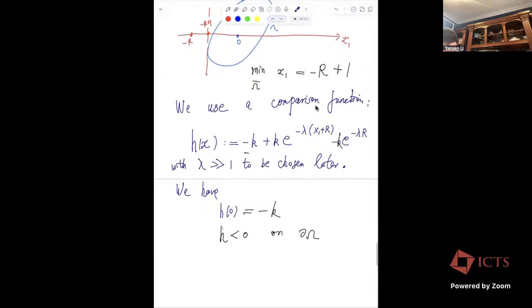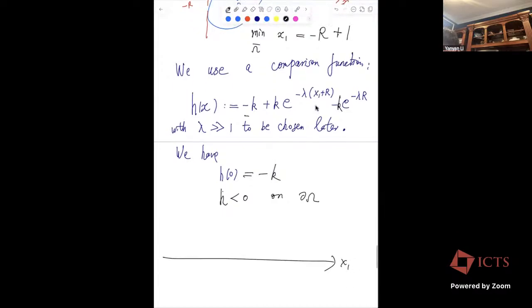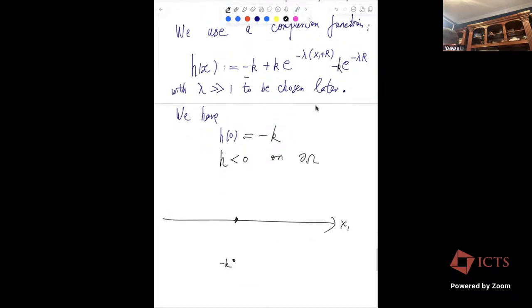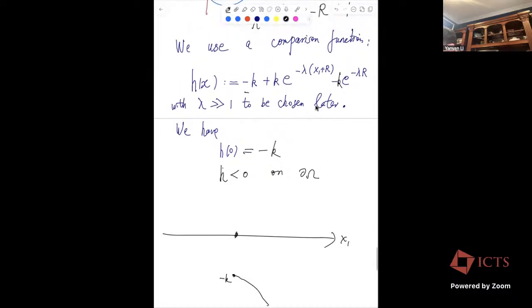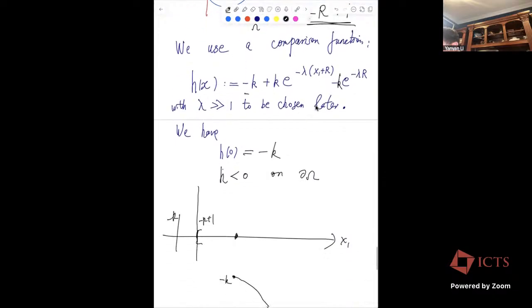When x1 is equal to 0, h is minus k here. So h is decreasing; when x1 goes up, h goes down, so of course it's more negative. Here is minus r plus 1, minus r is here, so x1 is always greater or equal than this number.